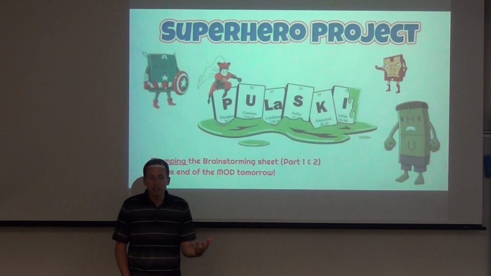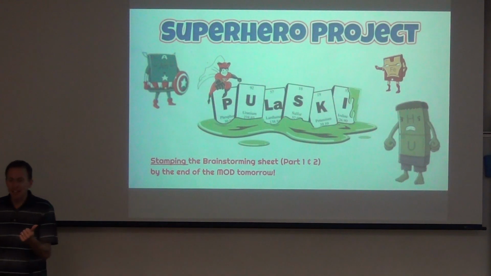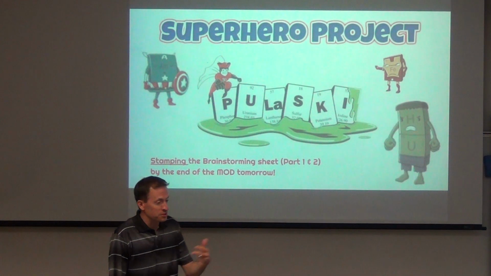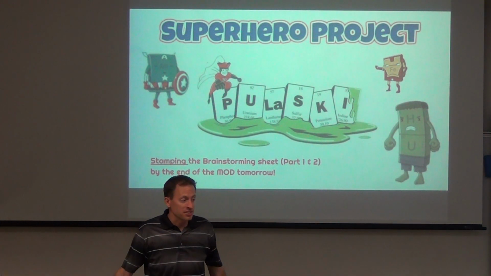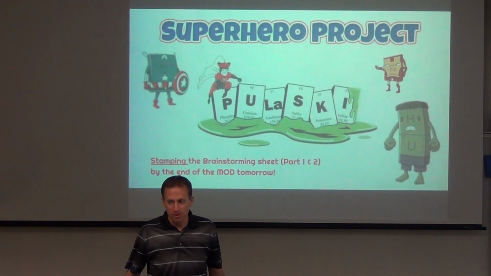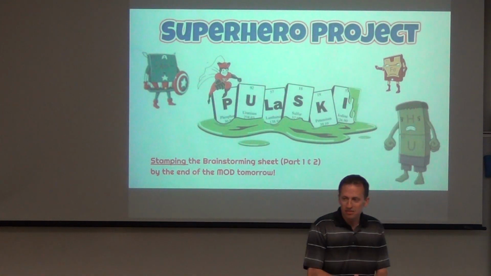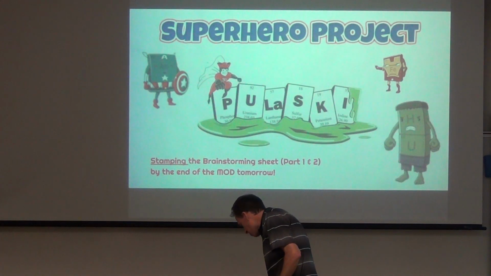So for the rest of this mod, we're exactly where we need to be. You can be working on acid basis 1, acid basis 2, or be working on your superhero stuff. If you are further than that, then you can be working on your character board. If you're further than that, you can already start sketching and making mean stick people or whatever you're going to do. Not mean like, well, they could be mean. Awesome. So, let us know what we can do for you.